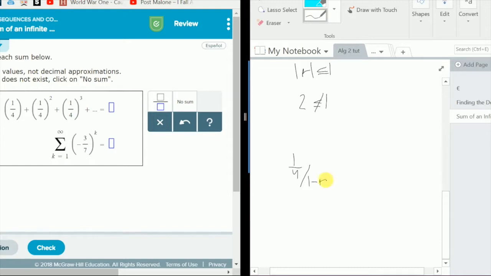So r is the number in the parentheses here, which is 1/4. So we'll replace r with 1/4, so 1 minus 1/4, right? And since the absolute value of r, 1/4, is less than or equal to 1, there will be a sum for this sequence.